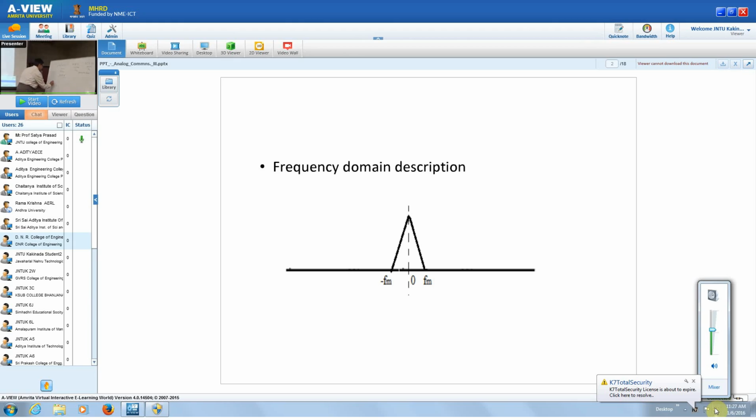So we are having one transmitter and a receiver here. The signal may be received at this point by a number of paths, depending on different propagations: your ionospheric propagation, ground wave propagation, and so on, which you are going to study in your transmission lines.